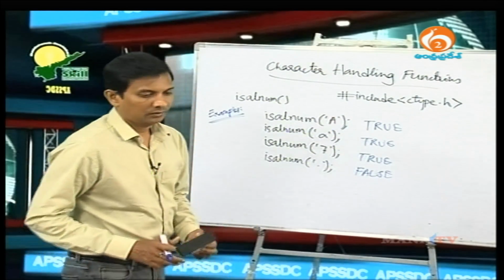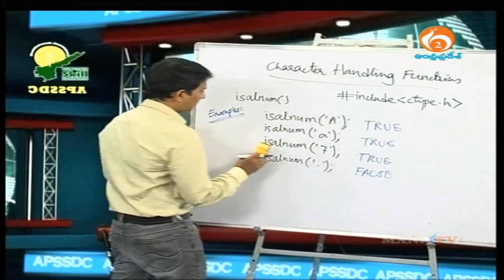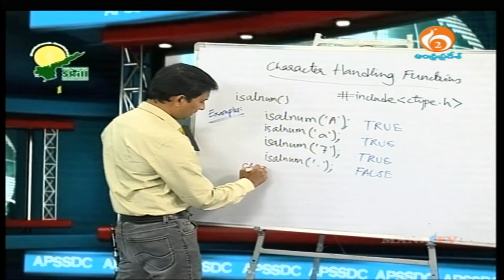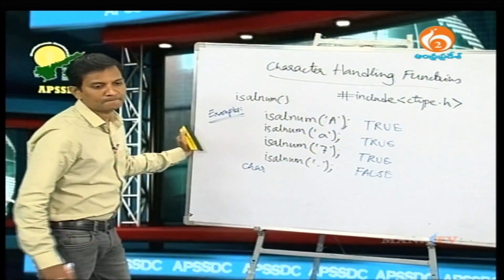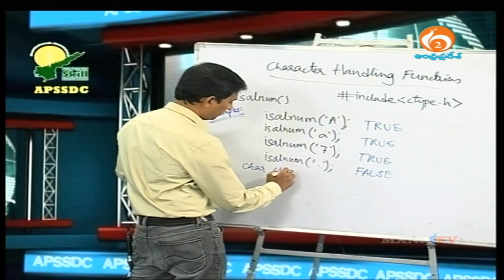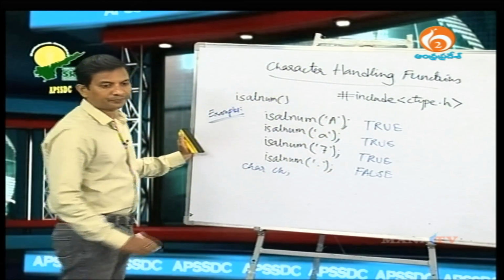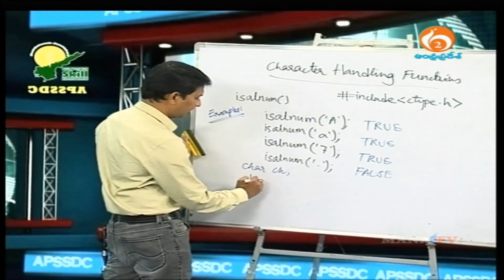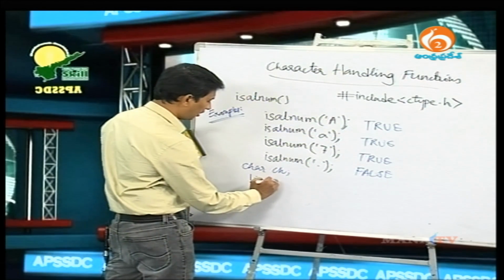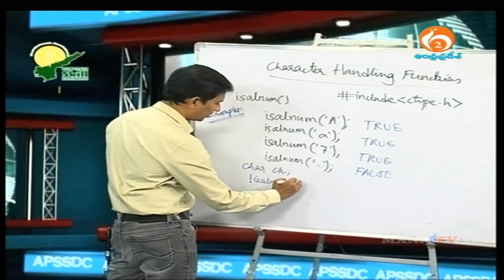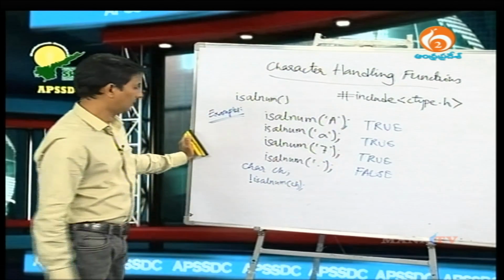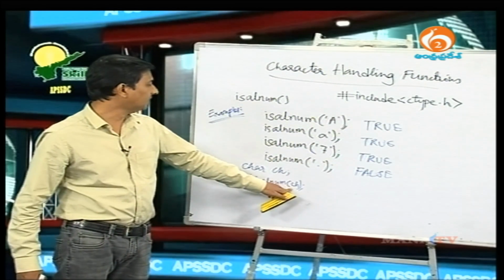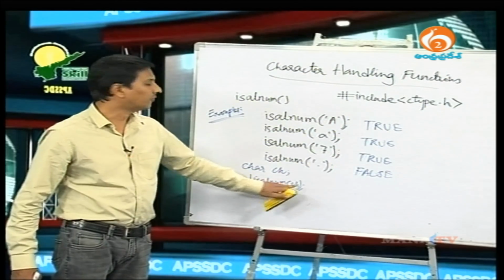So, we will write one more example for is alnum. char ch; not is alnum of ch, which returns true whenever this ch contains alphabets or digits, false otherwise.